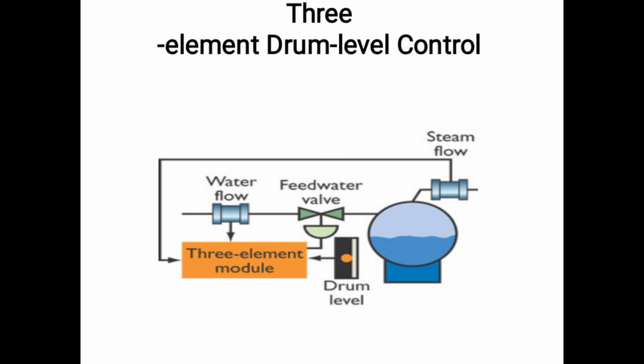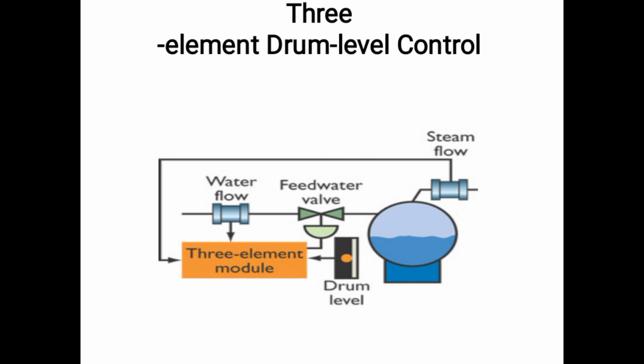And if we have only a single element, meaning only a level transmitter, then the level transmitter will read the wrong level, because it tells that the level of the drum has increased, and it will give a signal to the controller, and the controller gives a signal to the final control element, and the level of the drum decreases further.